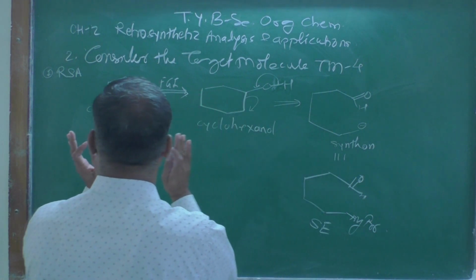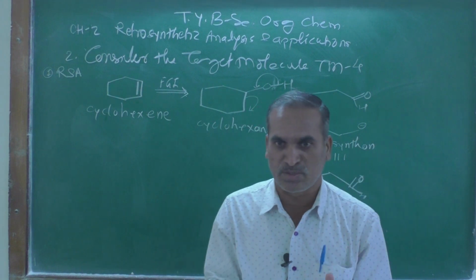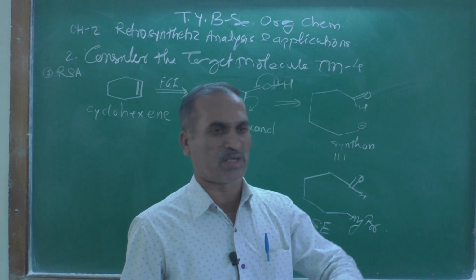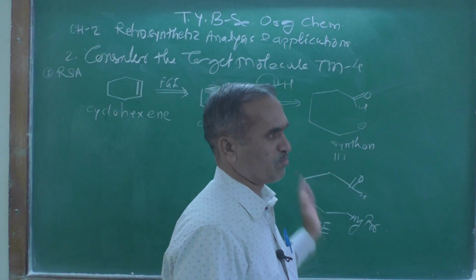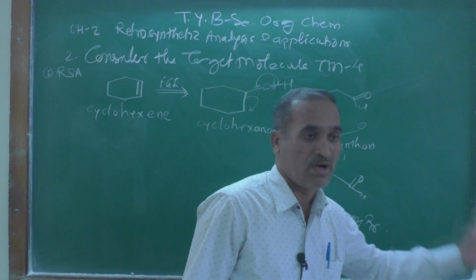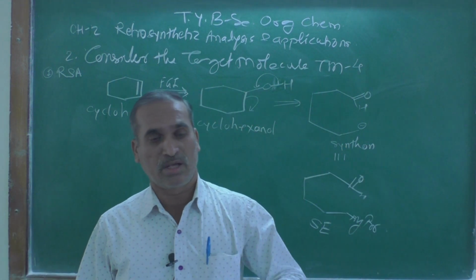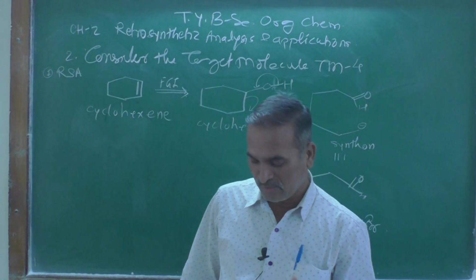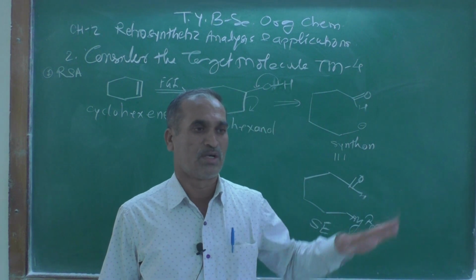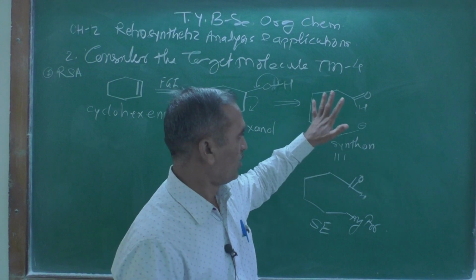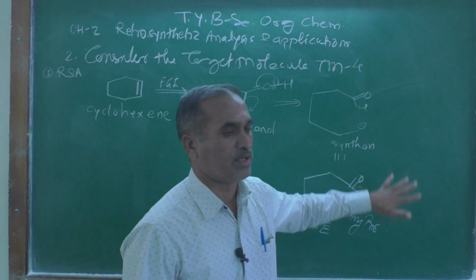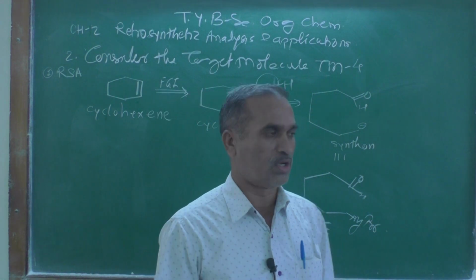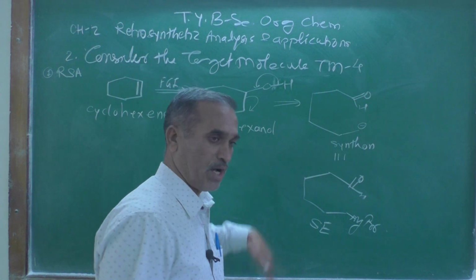So this is the retrosynthetic analysis of this molecule, cyclohexene. This will be the starting material, and we can break it into smaller fragments. We can arrive at the smallest starting material, but as far as the T.Y.B.Sc level is concerned, you have to disconnect up to here, and that is enough to get all the marks, whatever the weightage, half a mark.